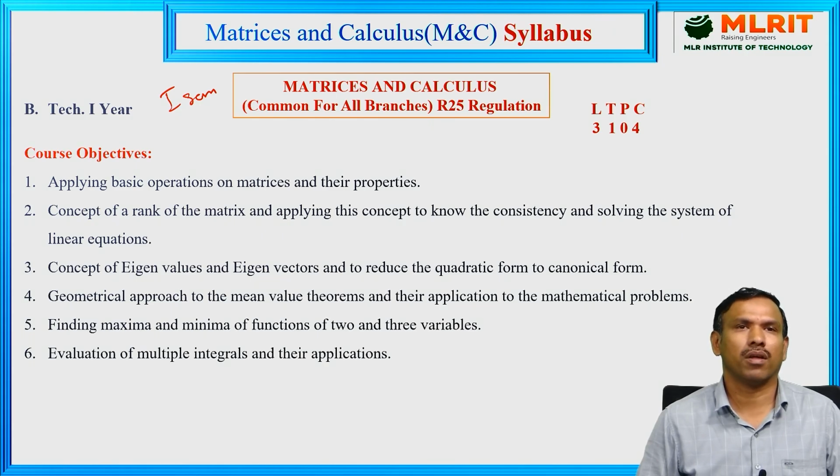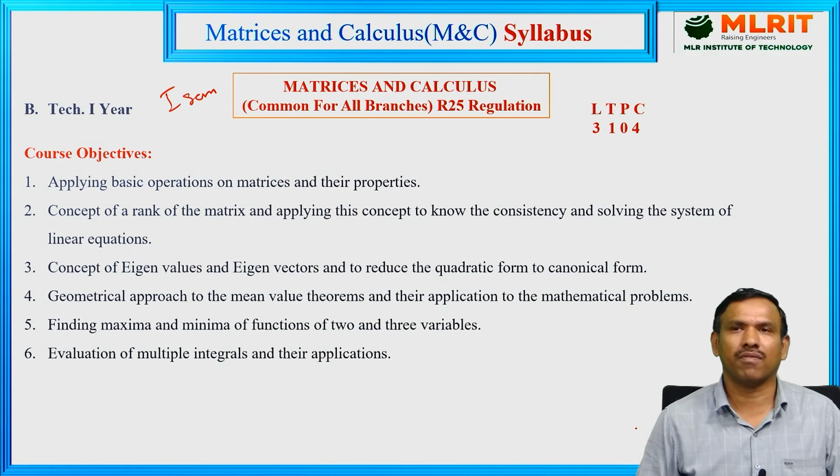Cayley-Hamilton theorem, geometrical approach to the mean value theorems and their applications to mathematical problems. Finding maxima and minima of functions of 2 or 3 variables. In intermediate level, we used to study only one variable, f of x is equal to 0. Here, for 2 variable functions, f of x comma y is equal to 0, or f of x comma y comma z is equal to 0, with some conditions, we determine maxima and minima.